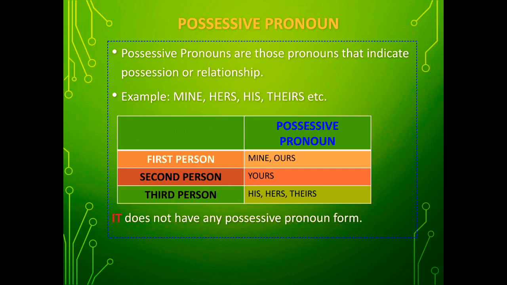Second person: yours. Third person: his, hers, theirs. Here you have to remember one thing, that the pronoun it does not have any possessive pronoun form.